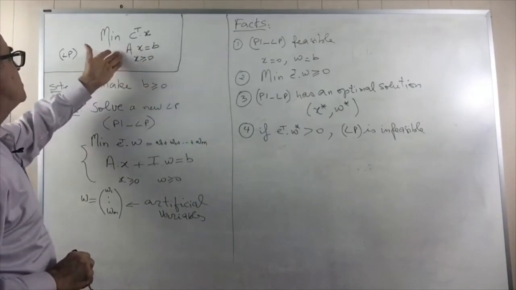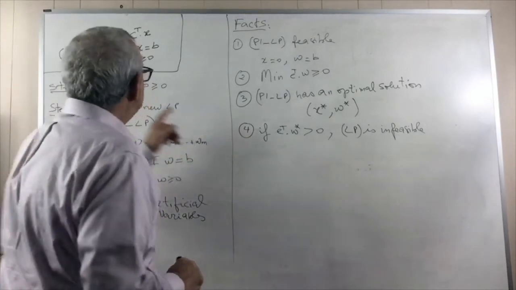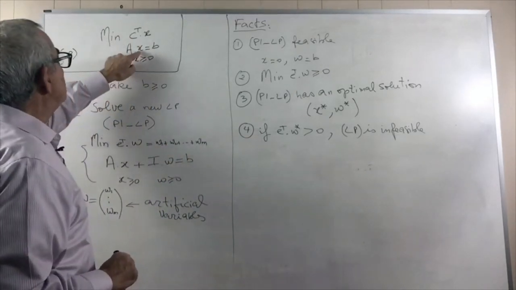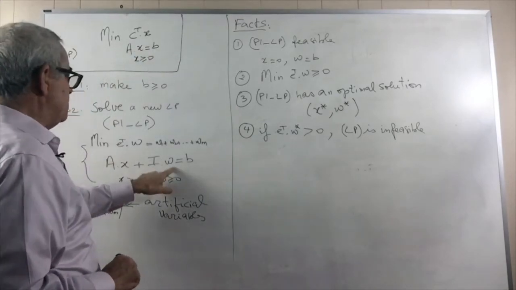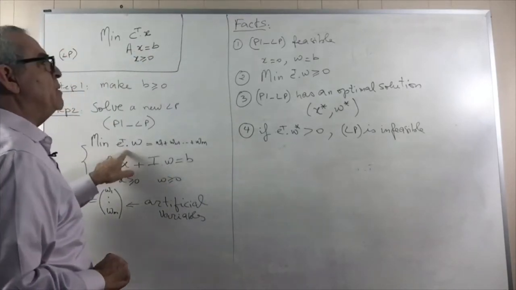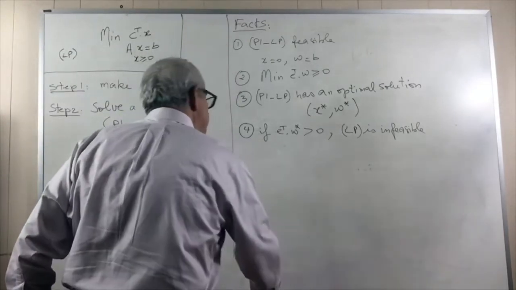So there is no sense solving this problem. And it's obvious, because if this was feasible, then you could take the feasible x and plug it in here with w equal to 0, and that will give us a minimum equal to 0. So this is an easy fact.